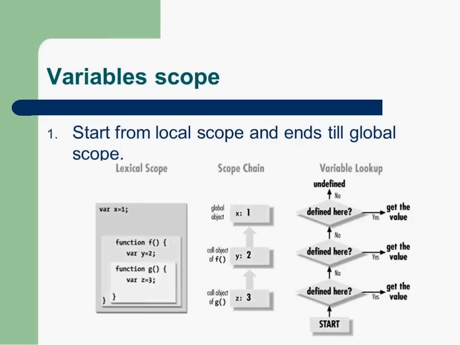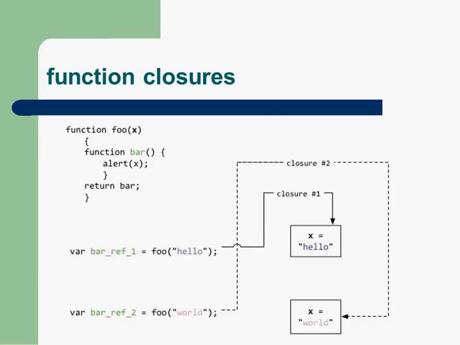If the variable is not there, it goes to the parent level, and it can go through many levels of nesting. Then it goes to the global, and if it's still not there, it says undefined. That is variable lookup chaining, which is how closures work.